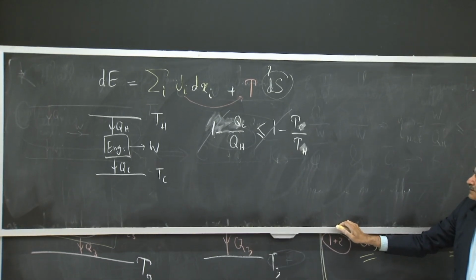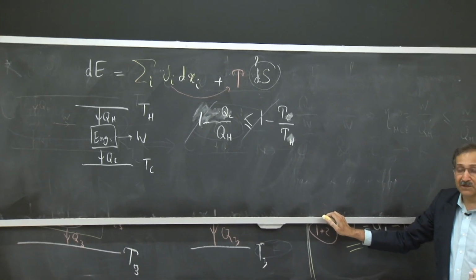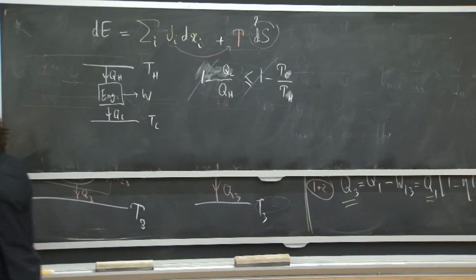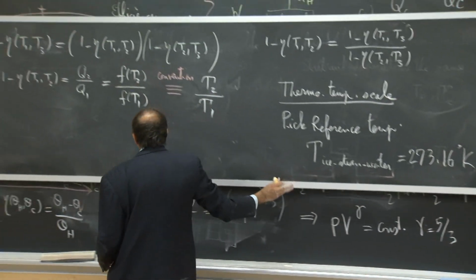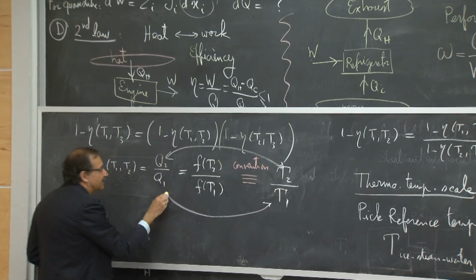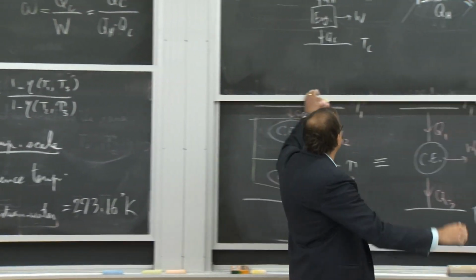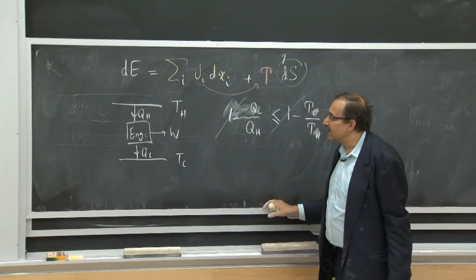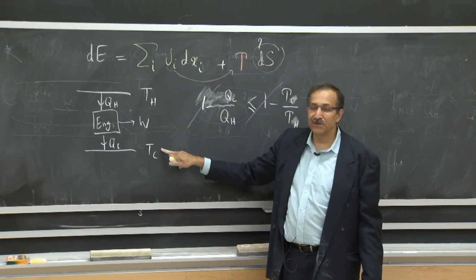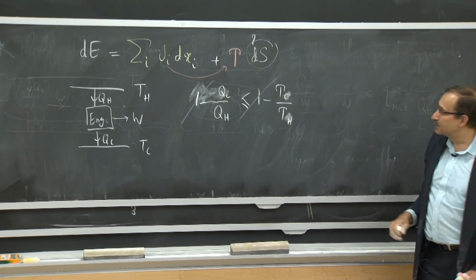And if you ever forget, something to remember is that ultimately, Q's are proportional to T's. So ideally, QH will be proportional to TH, QC would be proportional to TC, so the difference between them would be proportional to the differences.